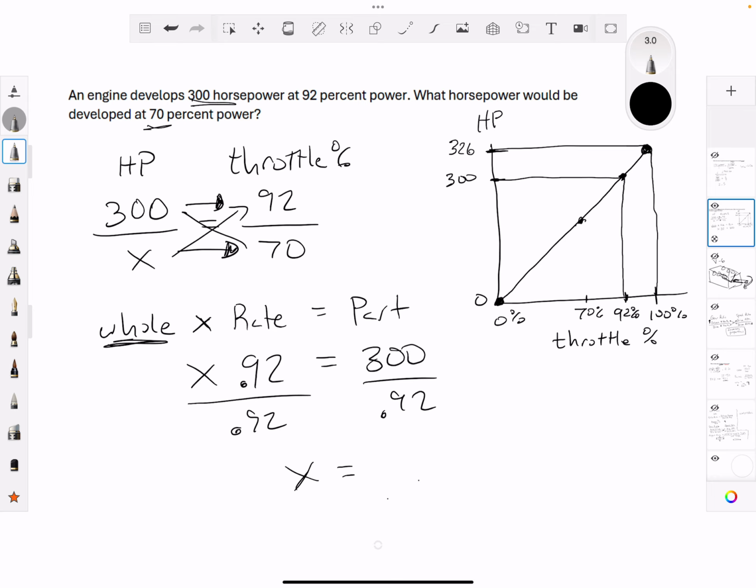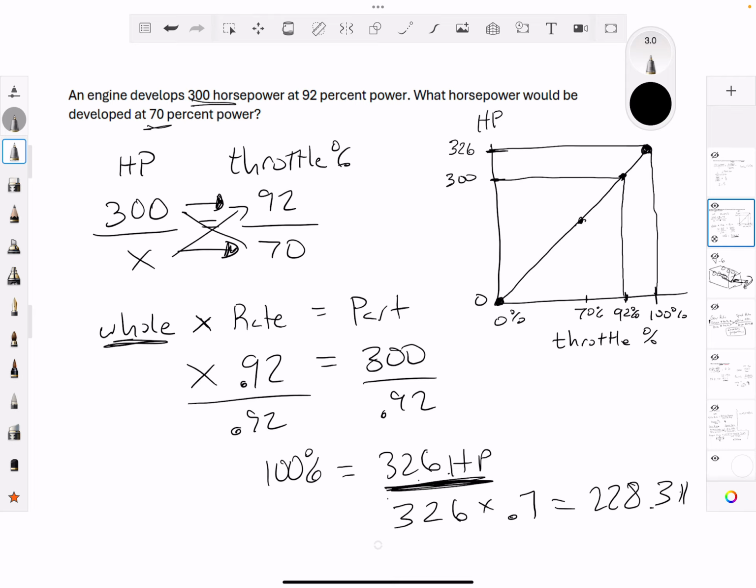So 100% horsepower, or 100% throttle, is going to be equal to 326 horsepower. So knowing maximum horsepower, I can just multiply that by 70%. So 326 times 0.7 is going to be the exact same answer, 228.3 horsepower.